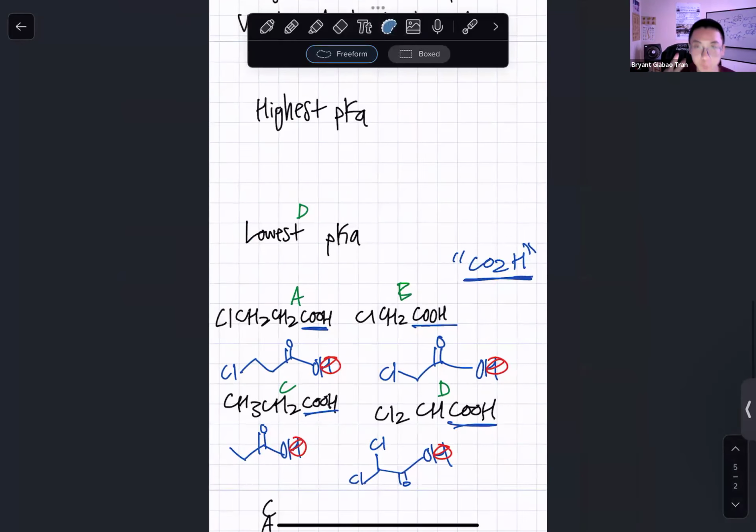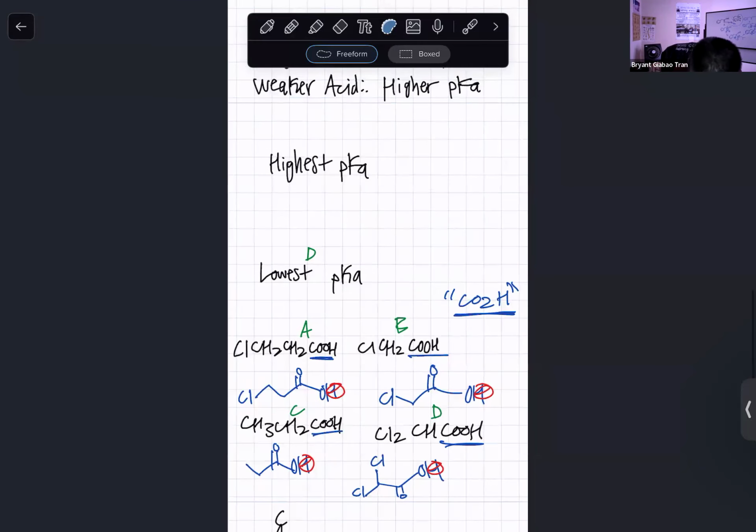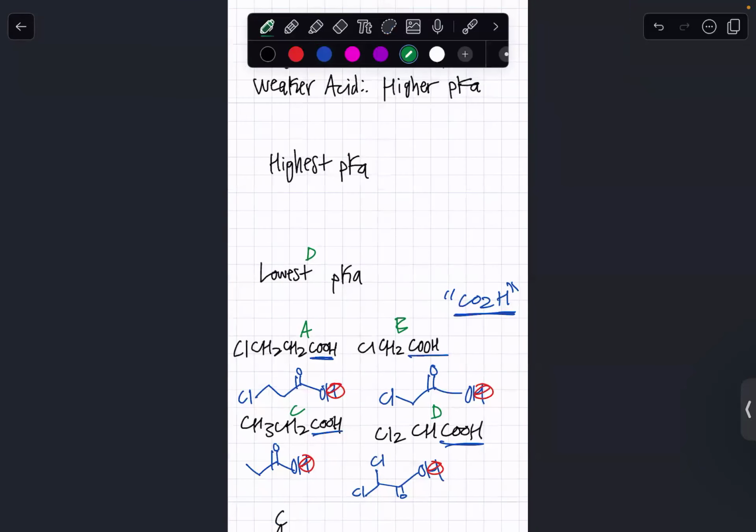Okay, what would be the second most acidic molecule? B. Yep, B, that's right.